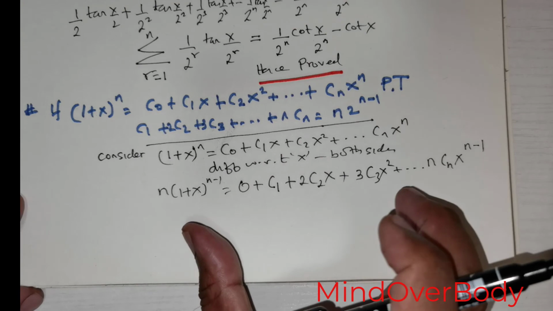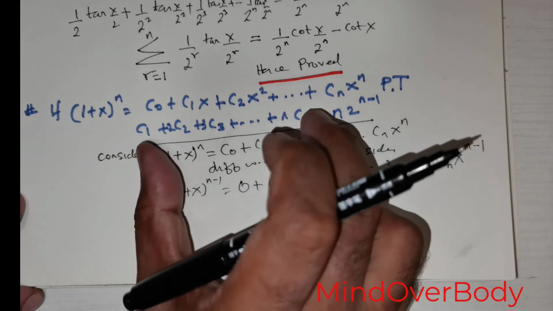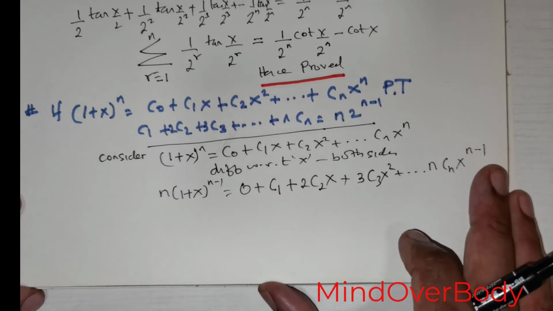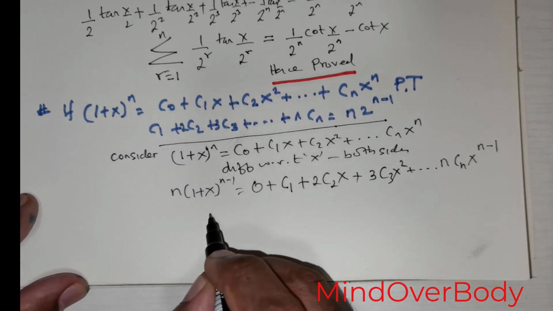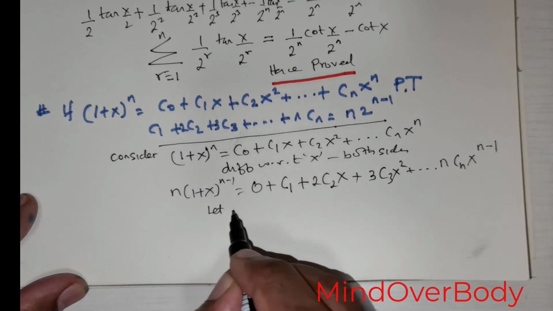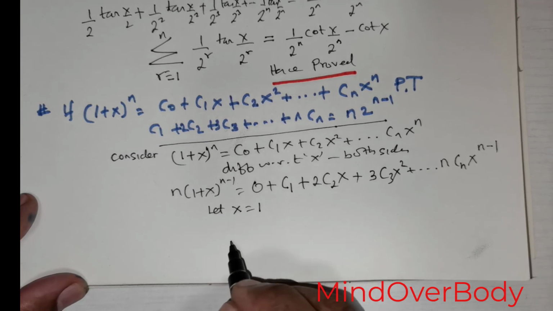Now we are expected to change this to this, and that would mean the proof is complete. How are we going to do that? Now to achieve the result, we are going to let x be equal to 1.